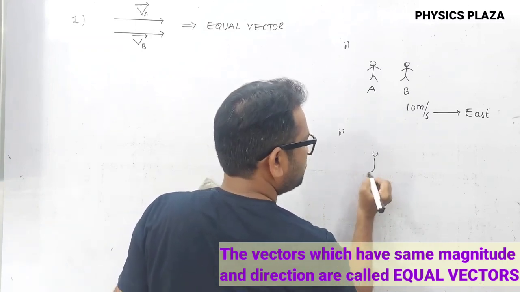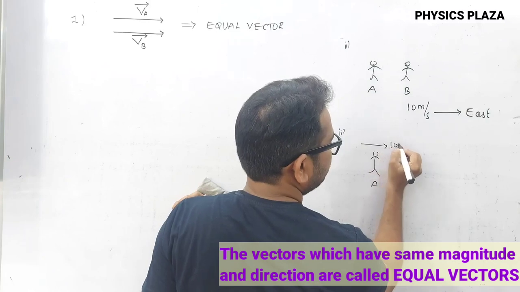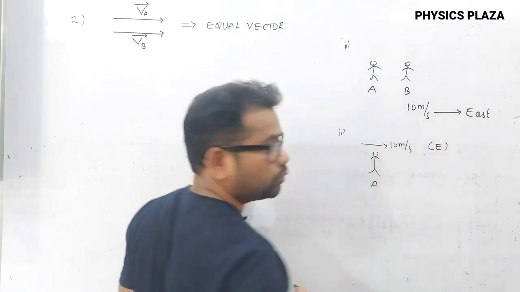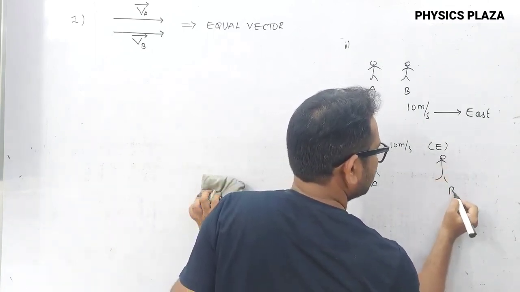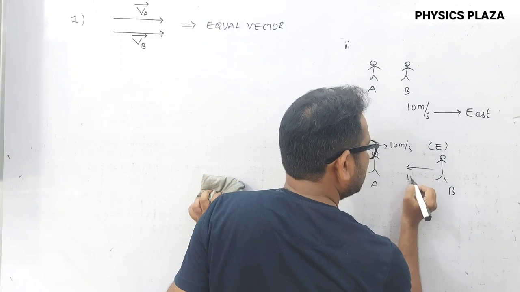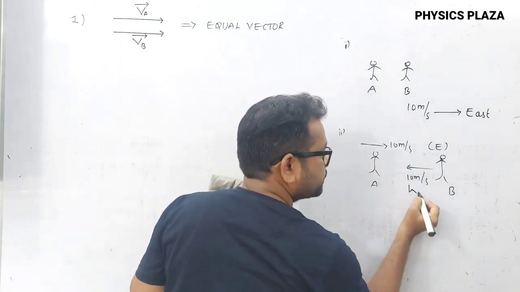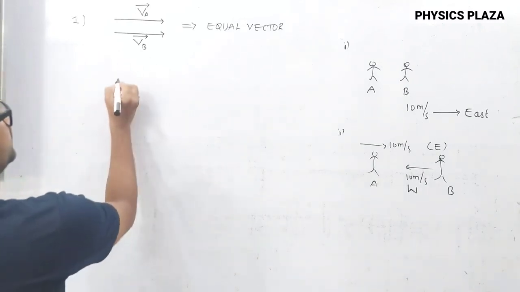Fine. Now let us take one more example. This time person A is running with 10 meter per second towards east, whereas another person B is running with 10 meter per second only, but towards west. Try to understand. So how can I represent this?